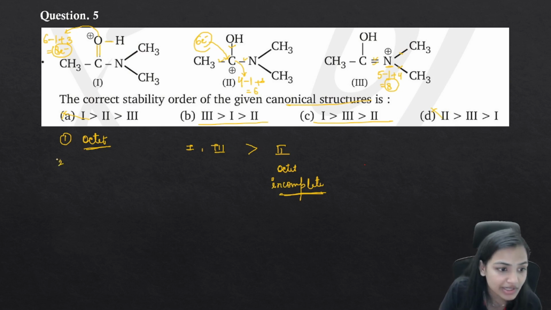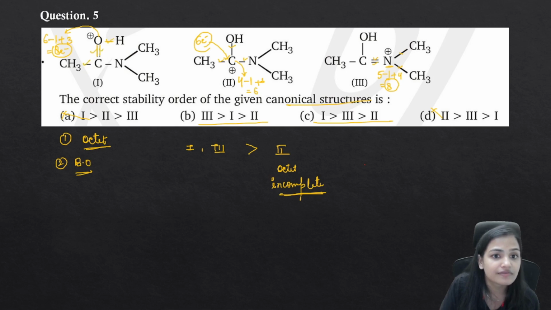Now the second point is the bond order. Look for the bond order. If you see, this is 1, 2, 3, 4. Don't count this OH bond, because if you count it here, you have to count it in every other question. So ignore this OH bond. Let us do it again. 1, 2, 3, ignore this bond, 3, 4, 5, 6.